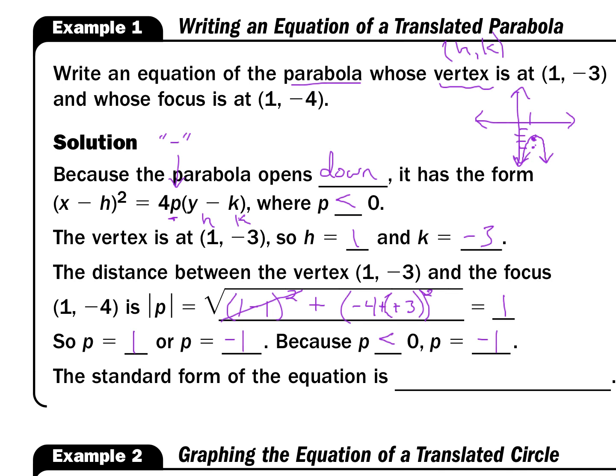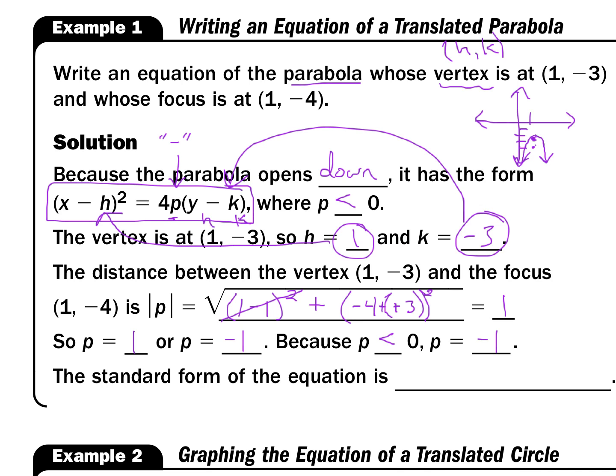So now all we have to do is plug all of this information into our original standard equation. So we take our 1 and we plug it in for h. We take our negative 3 and we plug that in for k. And we take our negative 1 and plug that in for p.